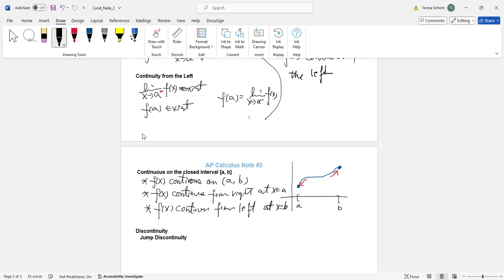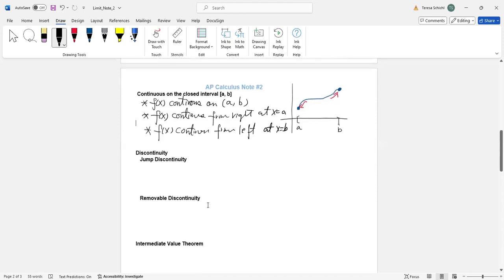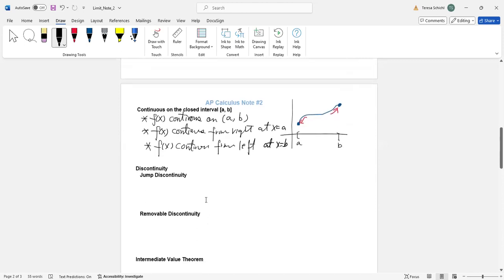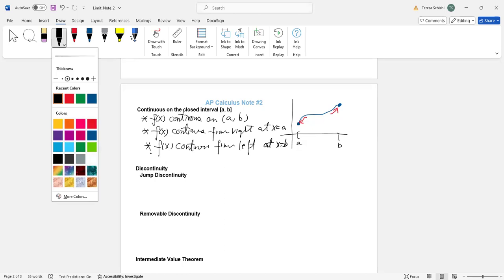Okay, now let's take a look at one more definition, then we can see some examples. What is a jump discontinuity? Let's look at these last two, then we'll go to our worksheet and start to work on some problems. The first type of discontinuity we call a jump discontinuity. So what is a jump discontinuity?